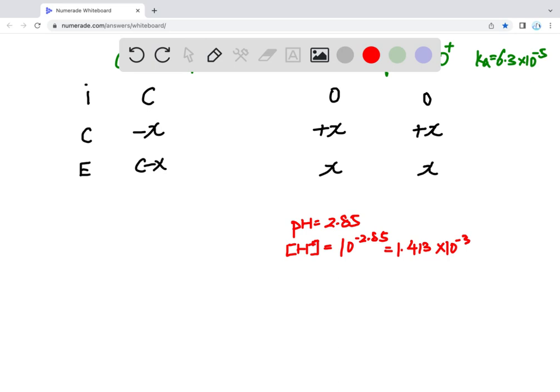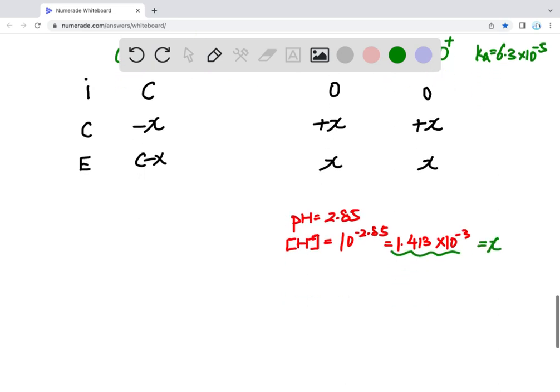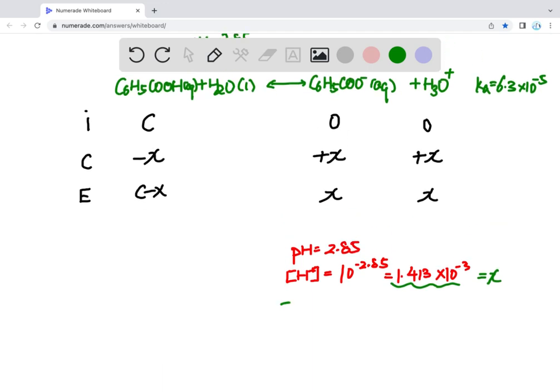So that tells you, right, we know the X equals the concentration of hydronium or proton. This number actually equals the X. So that means you also know that the concentration of the C6H5COO minus, the anion, in the equilibrium state is equal to X, also equal to 1.413 times 10 to minus 3.